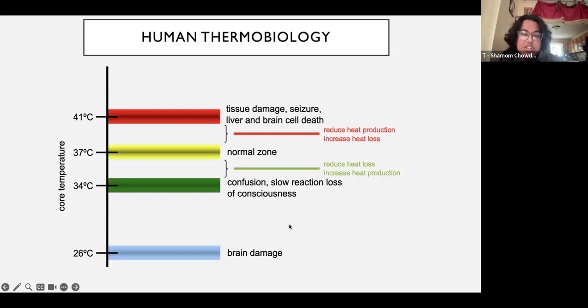So thermal regulation. Your body likes to remain at a certain temperature. So 37 degrees here is the normal zone. That could be considered your set point for human temperature.